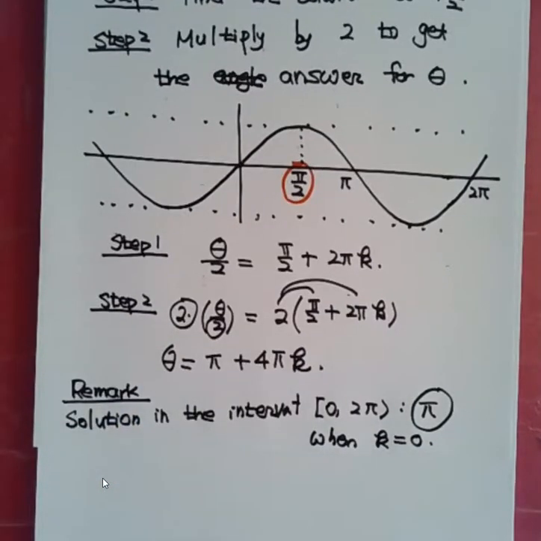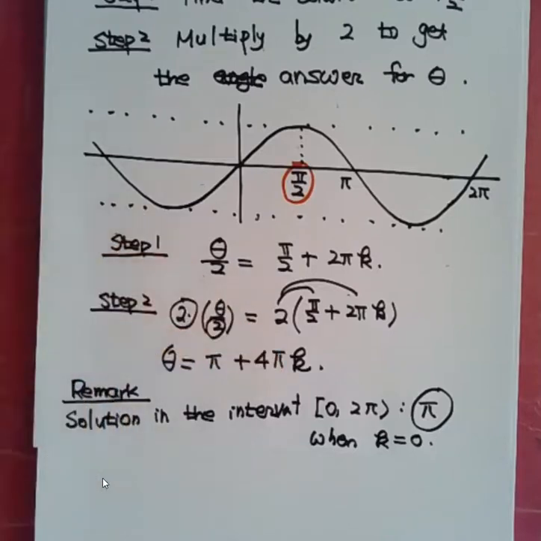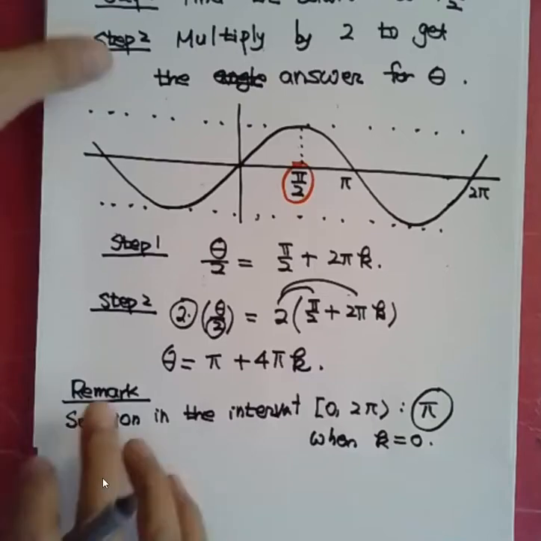If you put k equals 1, then it'll become 4 pi. 4 pi plus pi will be 5 pi, and so on. So that'll not be in the interval 0 and 2 pi.